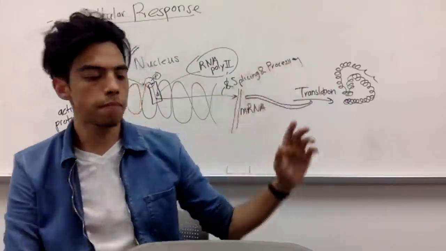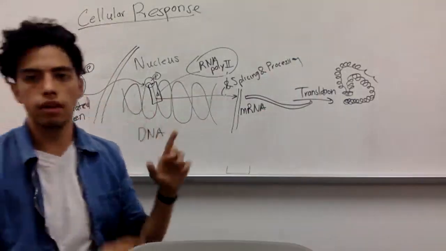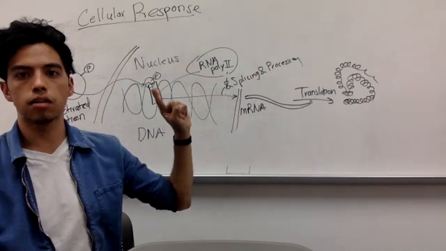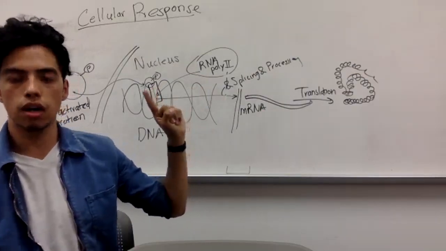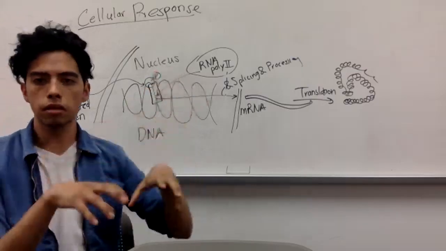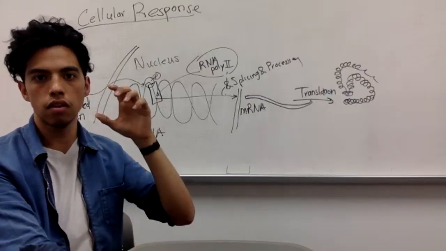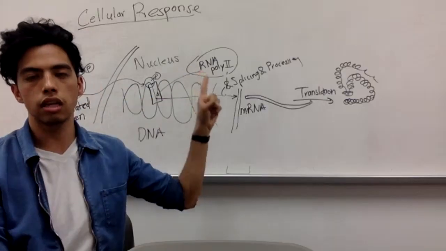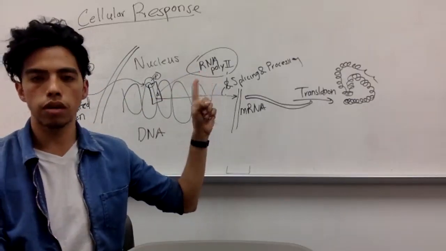To summarize the whole step, right? After transduction, we started with an activated molecule. It's going to go into this nucleus, and it's going to bind right here, where it's binding at the promoter. Once it binds to the promoter, well, that promoter is for a certain sequence of DNA. Once it binds, it's going to act as a transcription factor to try to get the attention of RNA polymerase 2 in this case, because we're working with eukaryotes.